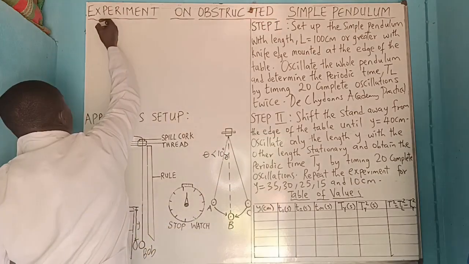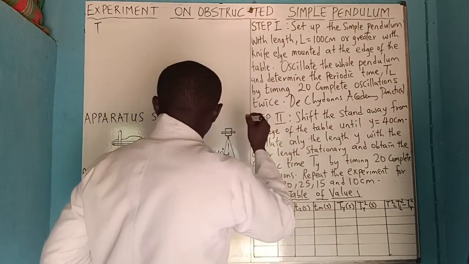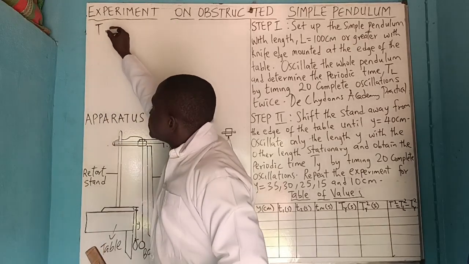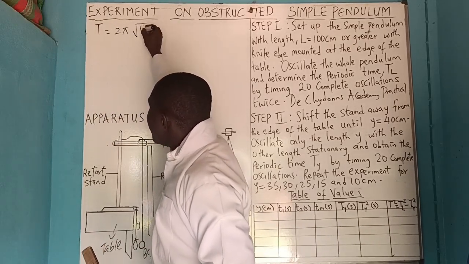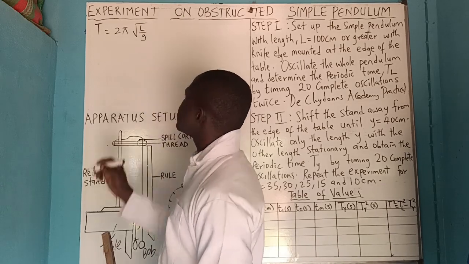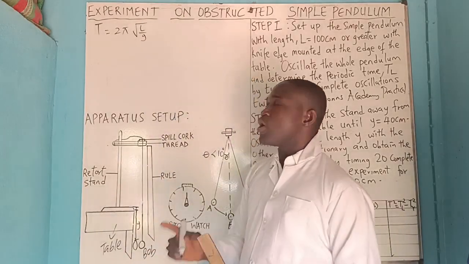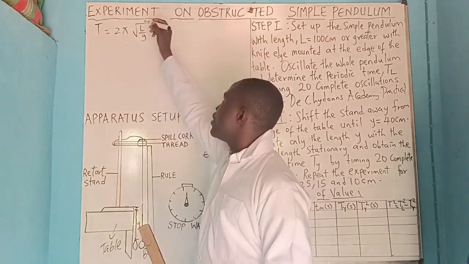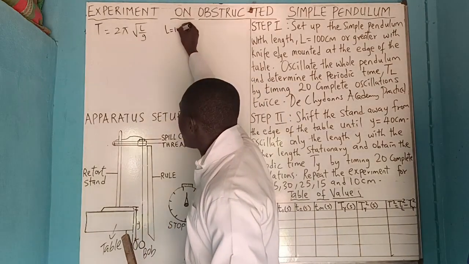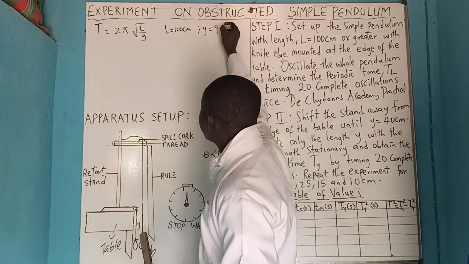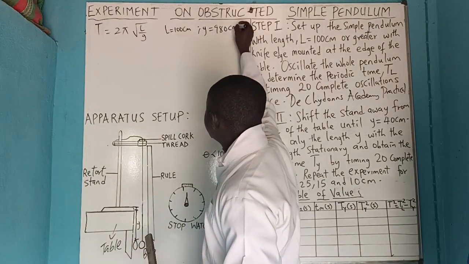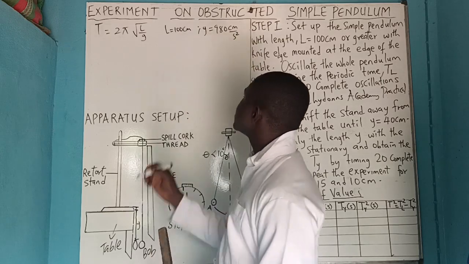First thing we have to do is to recall that period is equal to 2 pi root L over g. Period is equal to 2 pi root L over g, where L is equal to 100 cm, g is equal to 980 centimeters per second squared.